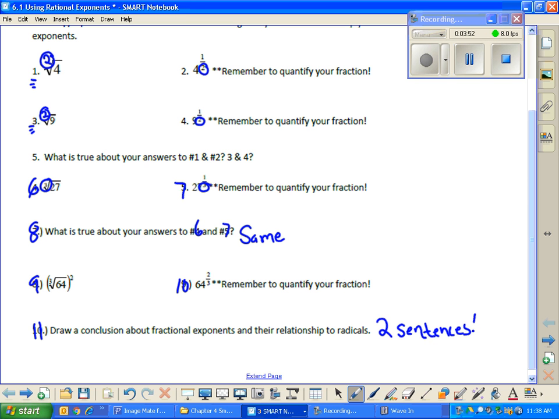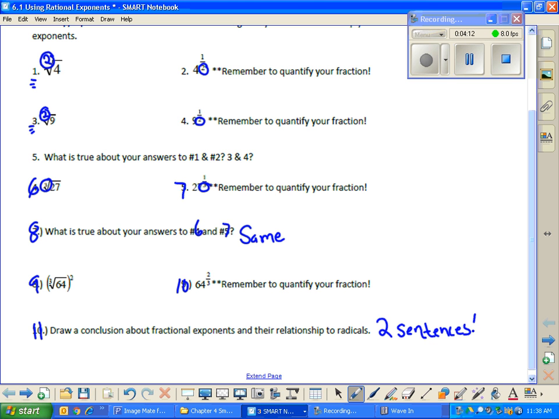Okay, number 9. I switched it up a little bit. We have this cube root of 64. That's 4. Squared is 16. Turns out number 10 is the same answer. I changed really one thing about it. Did you see? This would be your second sentence for number 11.